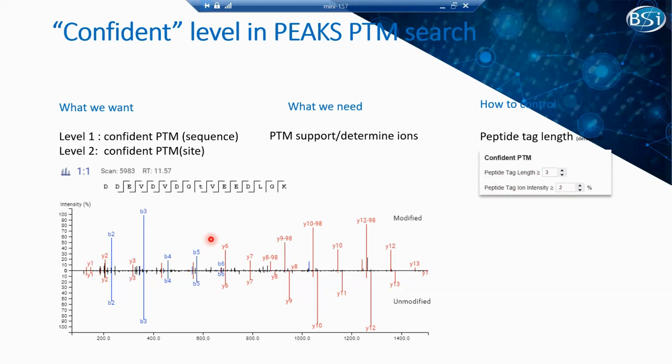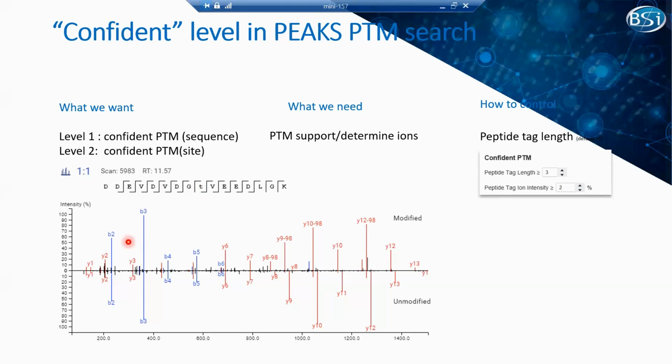Take this PSM as an example. We know the phosphorylation is on T, which is 1, 2, 3, 4, 5, 6, 7, 8, so T8 here. When we say a PSM has a phosphorylation, we want to see the support ions.